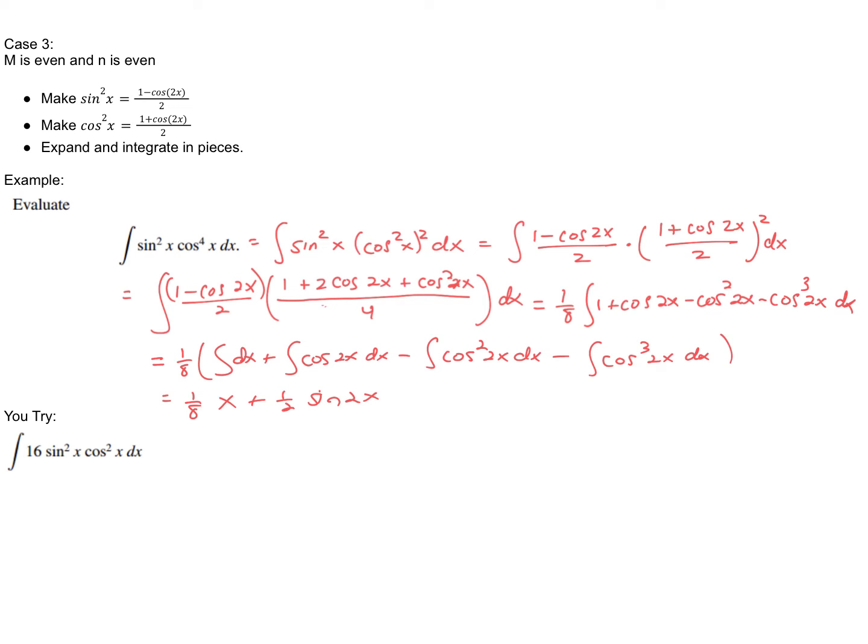And now we are back to an even cosine exponent and an even sine exponent. You're probably saying, well, wait a minute, sine's not there, right? But that means it's sine to the 0, and 0 is considered to be even. So they're both even exponents.